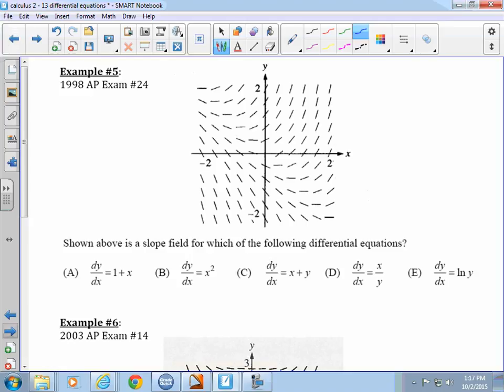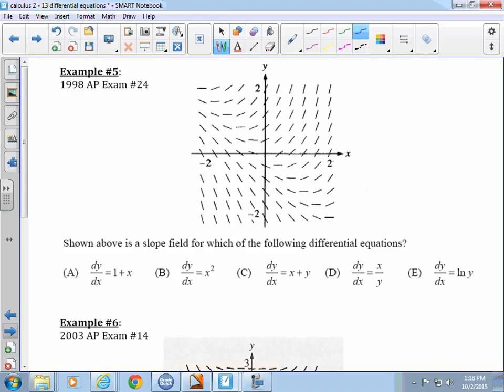This is a real AP multiple choice problem. Shown above is the slope field for which differential equation? I want to look for little hints, and I found some earlier. The first thing I'd say is, what do you know about A?